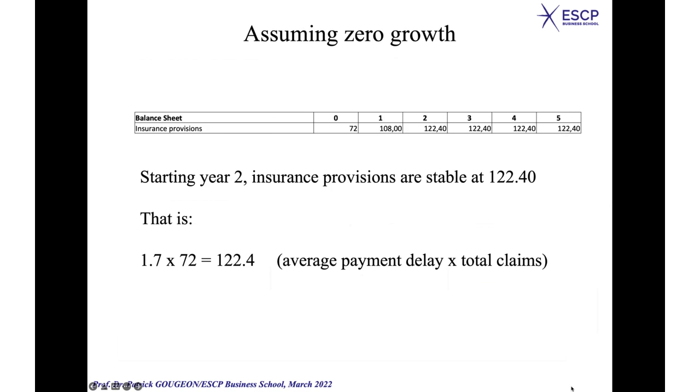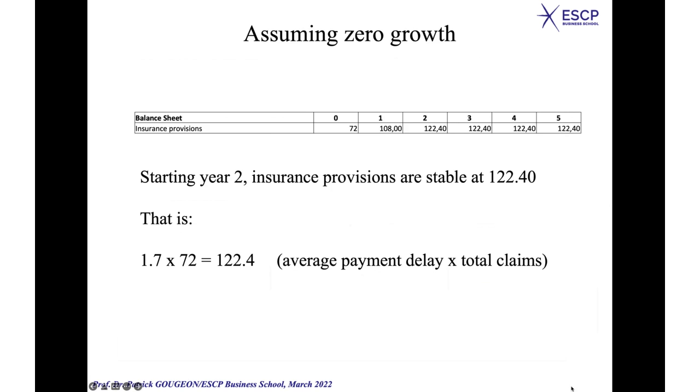So you see, it shows clearly here that the insurance provisions depend essentially on the payment delay. The later the claims are paid, the more money in the hands of insurers. And that's why initially I calculated this delay, because I knew I would need it for this explanation later. That's something you need to keep in mind.